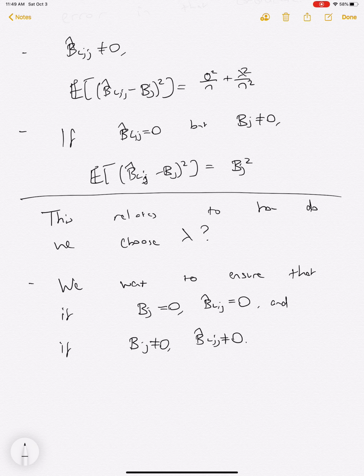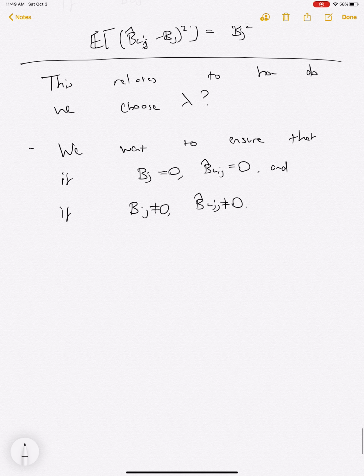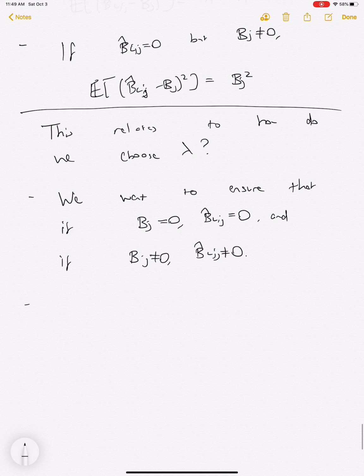And we also want to ensure that if Bj is not 0, then B hat Lj is also not going to be 0. And so if we plug in Bj equals 0, let's see what happens.